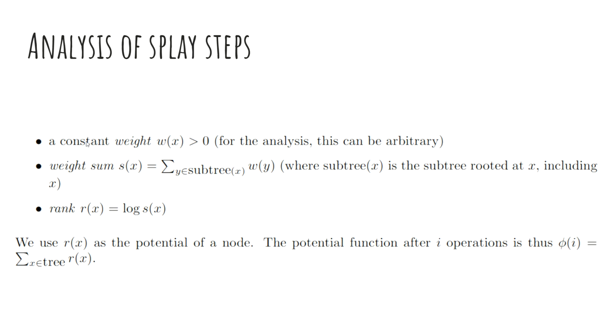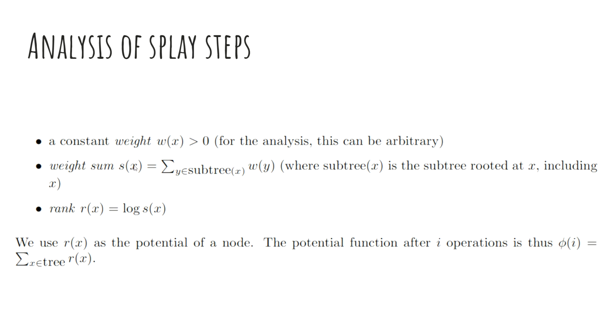If you have a constant that is 1, this sum represents the number of elements of the subtree plus 1, because x is included in the count, and this could be called the size of the subtree.